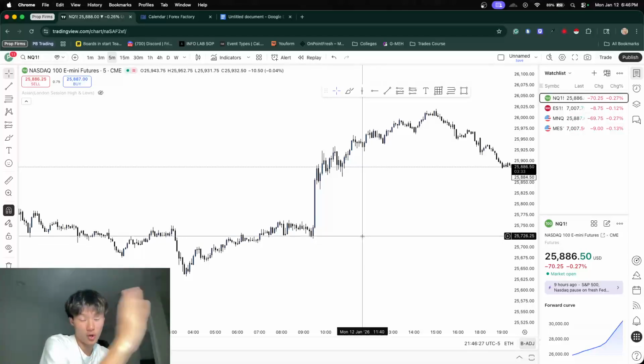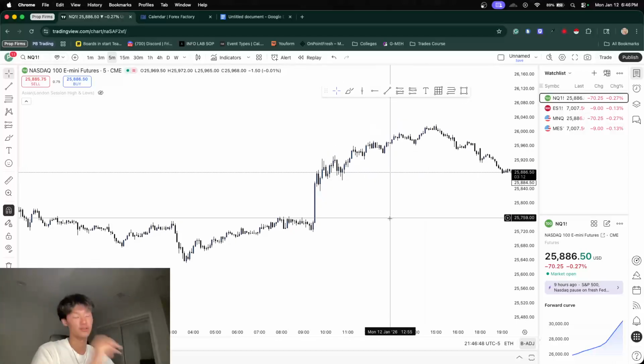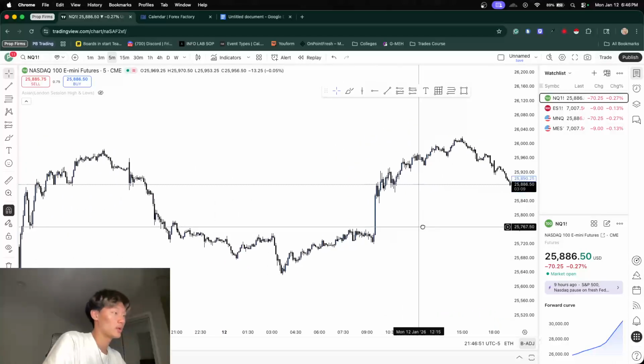Volume means orders, trade orders, which can be longs, shorts, buy stops, limits, stop losses, take profits. That's when they shoot into the market. That's what volume is, just orders. And liquidity also counts as orders.